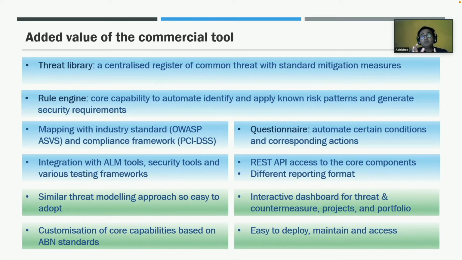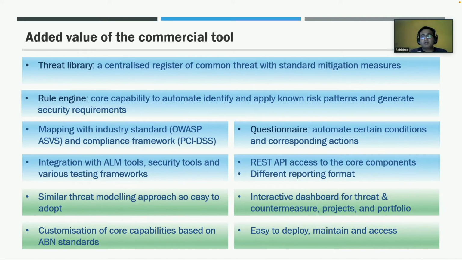Integration with ALM tools, right? So application lifecycle management tools, for example, Jira or Azure DevOps. So this tool is very well integrated with these ALM tooling. And now the team needs to put their effort to identify new threats to their process or the business logic they are developing, and analyze the identified threats based on the technology or the component of the technology they are using in their product.